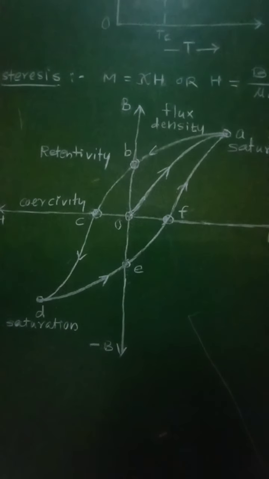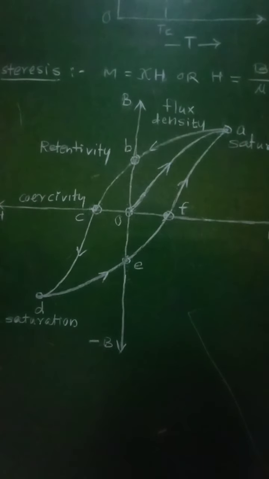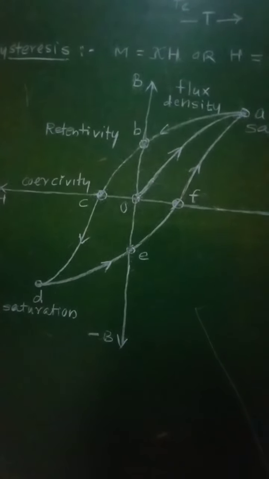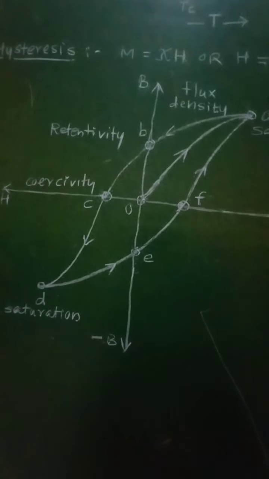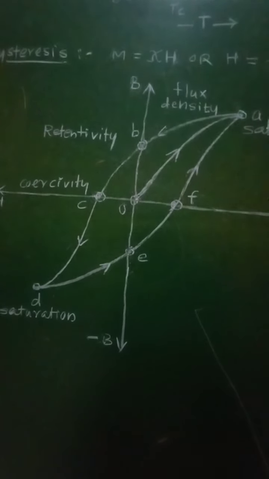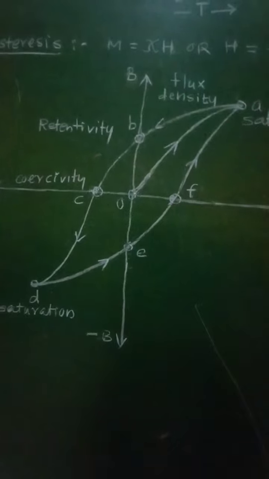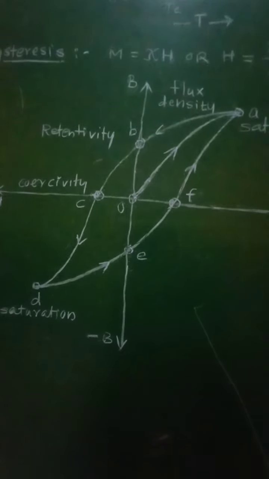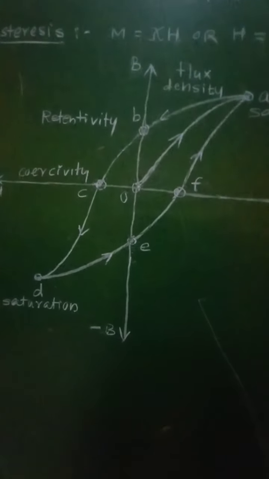As the strength of magnetic intensity H is increased, B also increases, but that increase will be non-linear. Then near the point A, the magnetic field B is at its maximum value, called the saturation. If H is increased further at point A, then there is no increase in the magnetic field B. Now this process is not reversible.